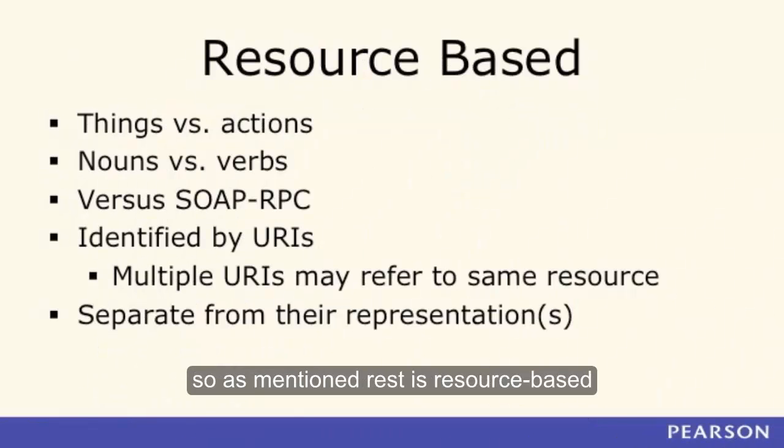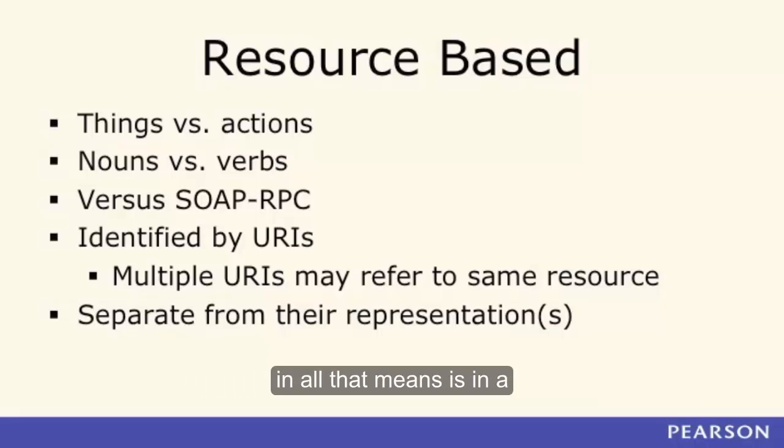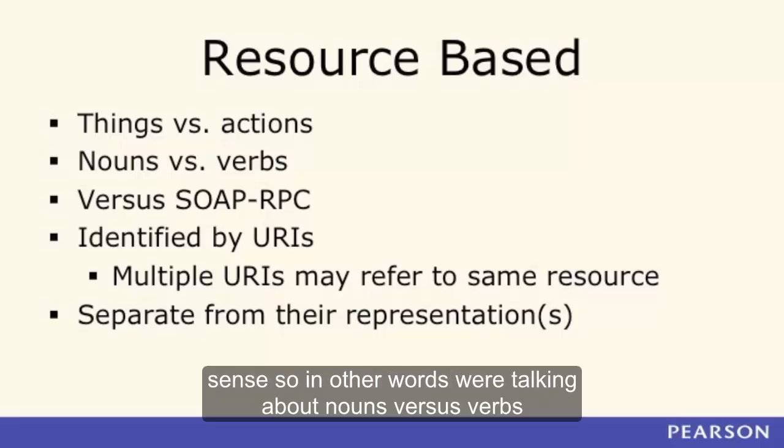So as mentioned, REST is resource-based, and all that means is in a RESTful API, we're talking about things or resources instead of actions like you would talk about in a SOAP sense. So in other words, we're talking about nouns versus verbs.